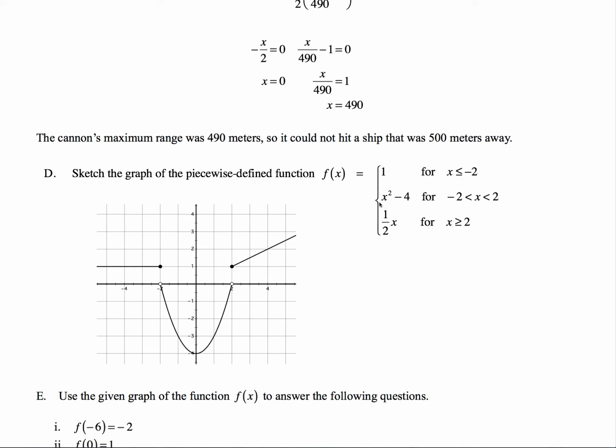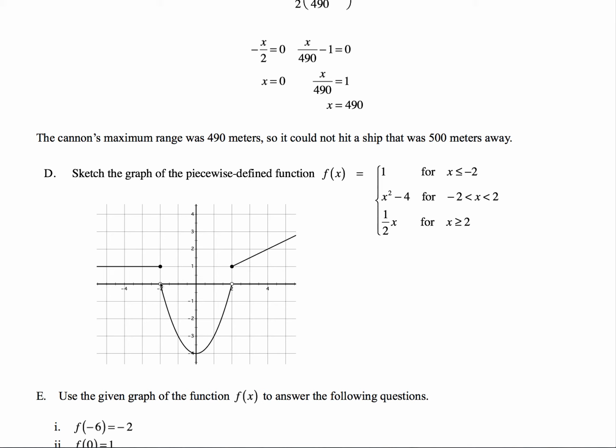Then, beginning at negative 2 and continuing to 2, although not including negative 2 and 2, we sketch a graph of the function x squared minus 4. Well, that's just the standard parabola, x squared, shifted down 4 units. So here it is, x squared minus 4, shifted down 4 units.